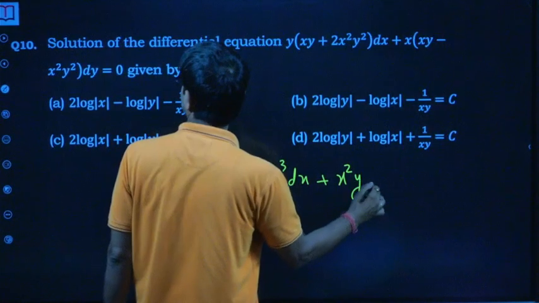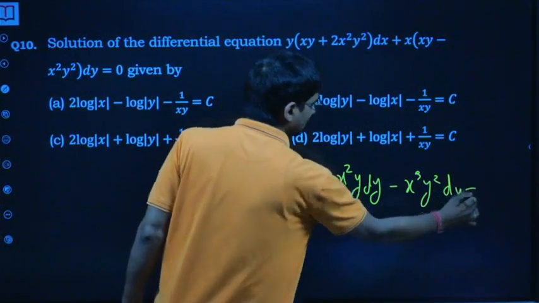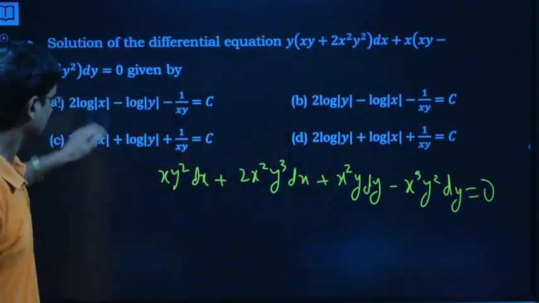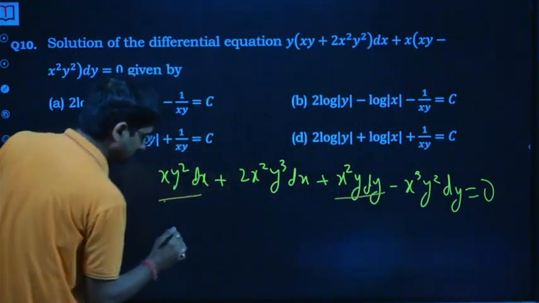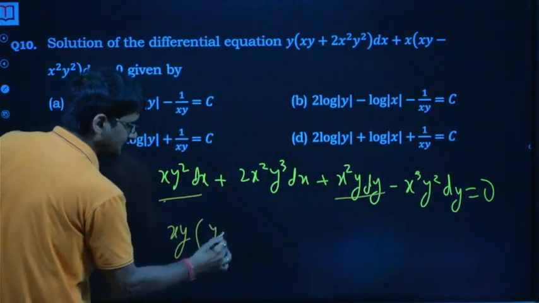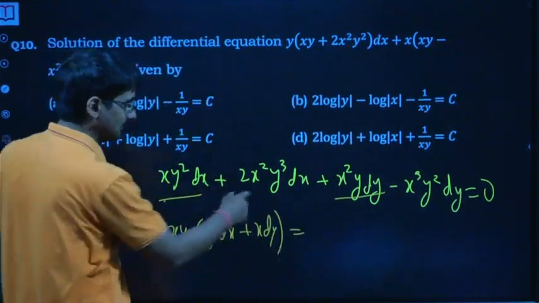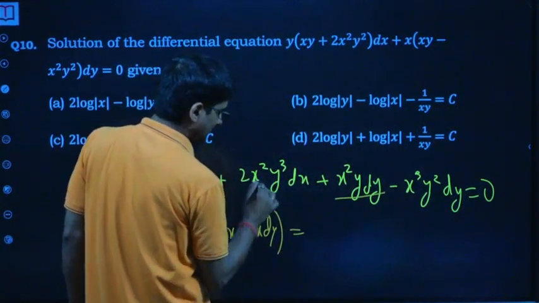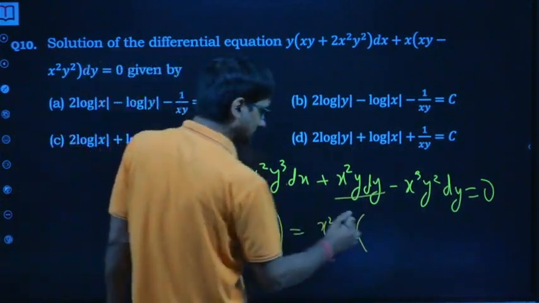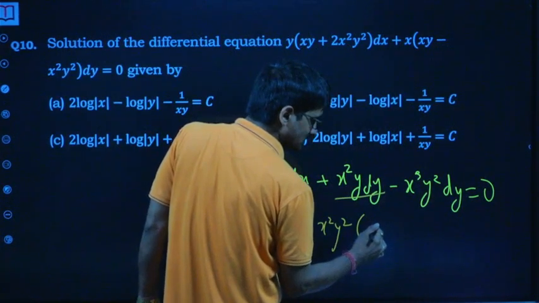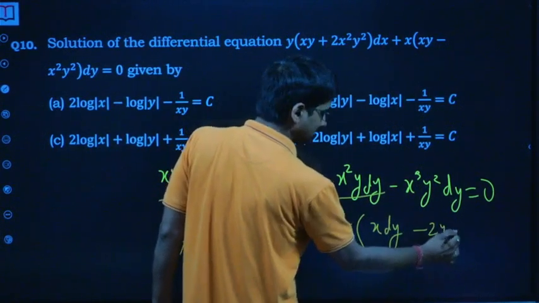X square y dy minus x cube y square dy equal to 0. Okay, so xy square and x square y, if I take this common, y dx plus x dy is equal to, if I take it the other side, and x square y square, if I take common, we get x square y square, x dy minus 2y dx.